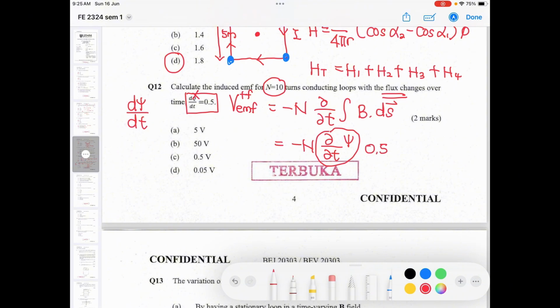If you multiply with 10, you get 5 volt. The negative 5 is actually representing the direction of the current flow according to Lenz's law. We were just talking about the magnitude, so this is 5 volt.